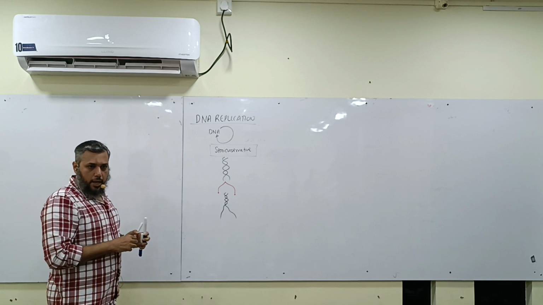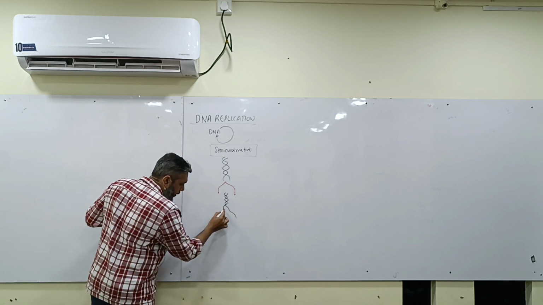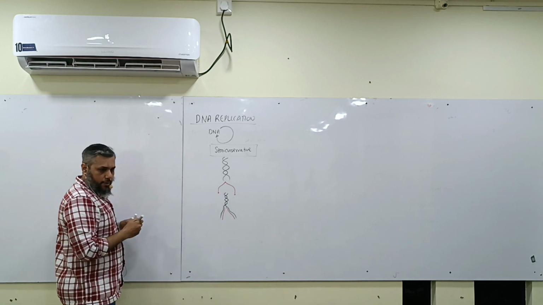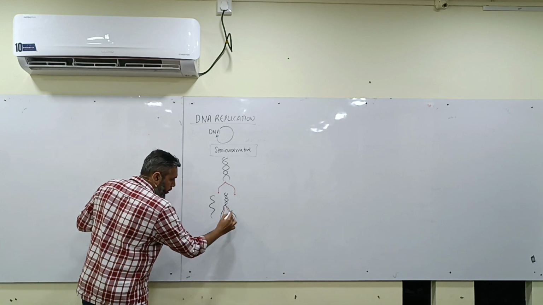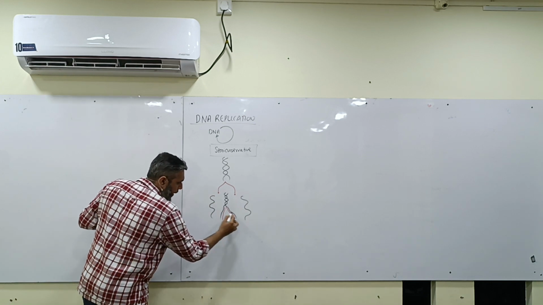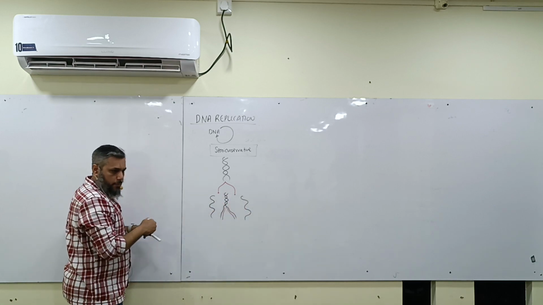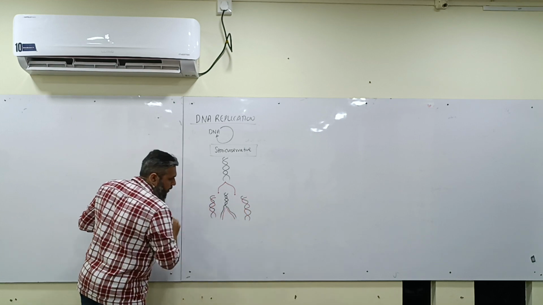Okay? And gradually, there is a synthesis of a new strand. And you'll see that the parental strands, the black ones, are the parental strands. They will separate from each other, and one strand will be newly synthesized.